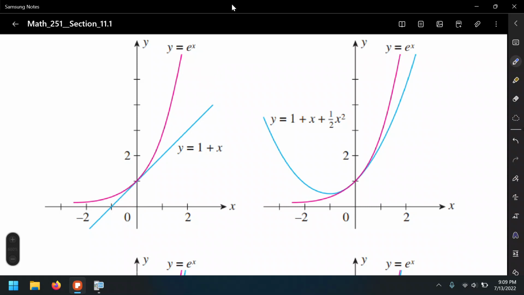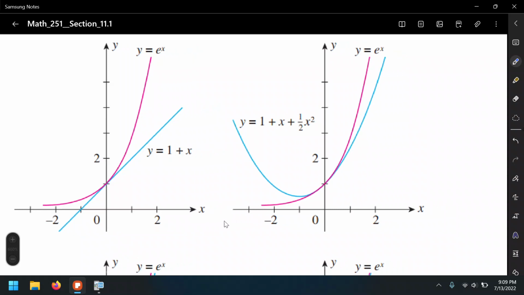This idea of the linear approximation can be extended to come up with not just a linear approximation, but maybe a quadratic approximation, a cubic approximation, a quartic, quintic, sextic, your favorite approximation, with the end result that the more terms you add to the polynomial approximation, the more accurate a result you would get.